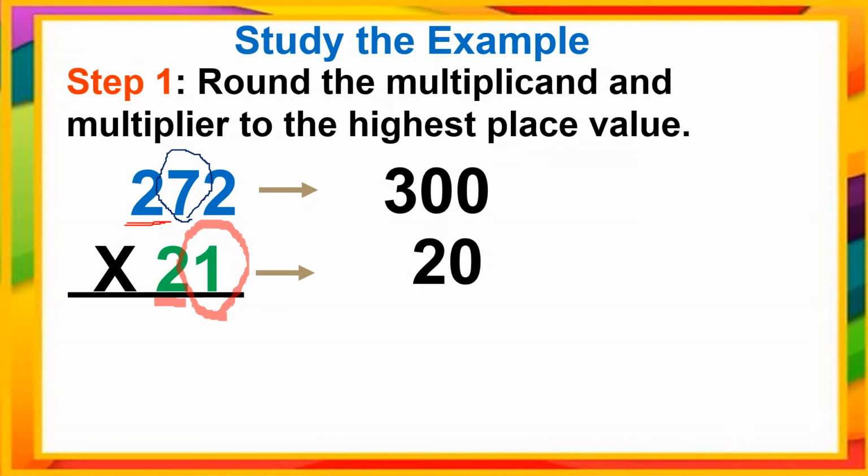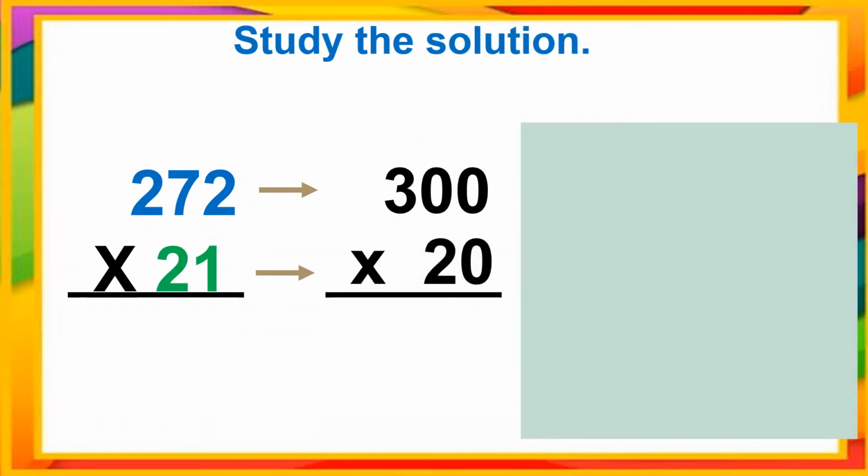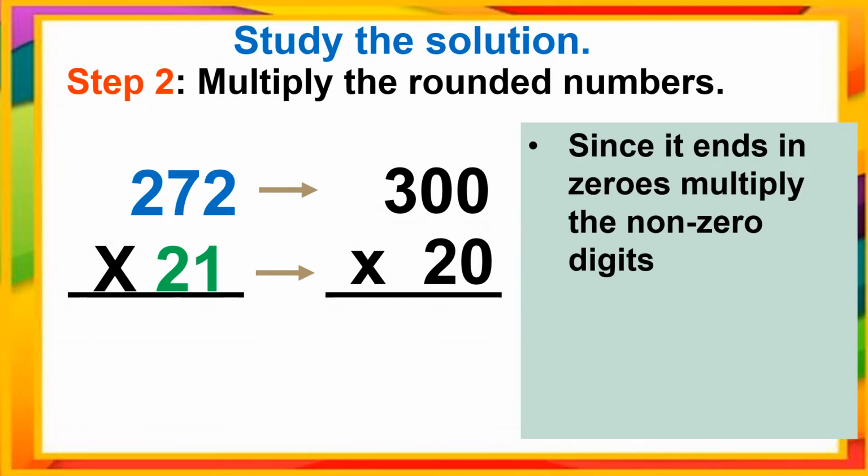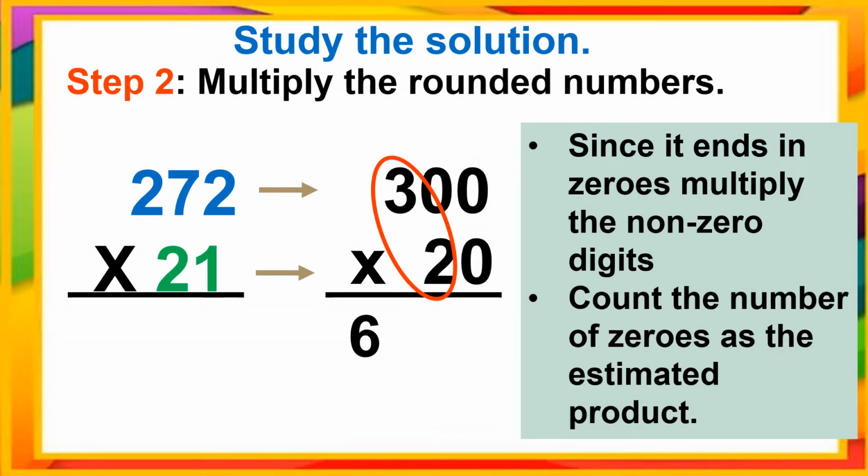So what will be the next step? We're going to multiply the rounded numbers. Since they end in zeros, we multiply the non-zero digits. What are the non-zero digits here? We have 3 and 2. Multiplying 2 and 3, the product is 6. Then we count the number of zeros to put in the estimated product.